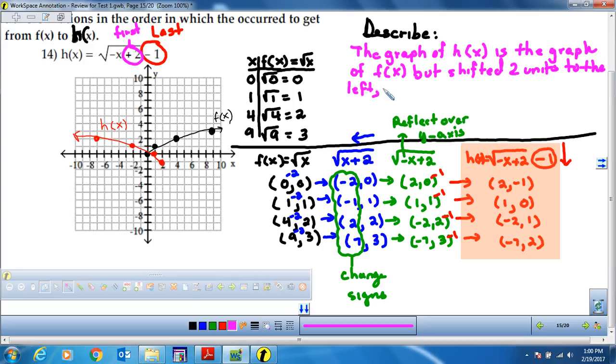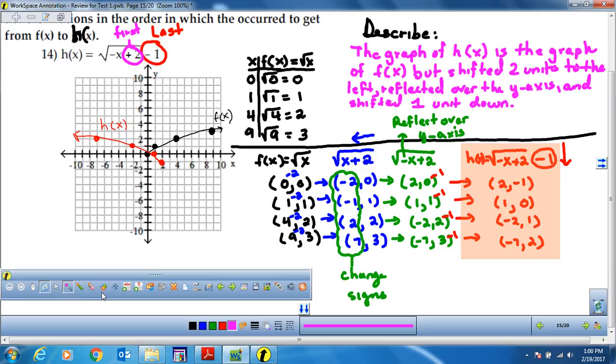Second transformation was that it was reflected over the y-axis, comma, and finally, I'm going to say and, shifted down, or shifted 1 unit downward. And this is basically the whole description of how the graph of g is related to the graph of f, exactly in the order in which it happens.